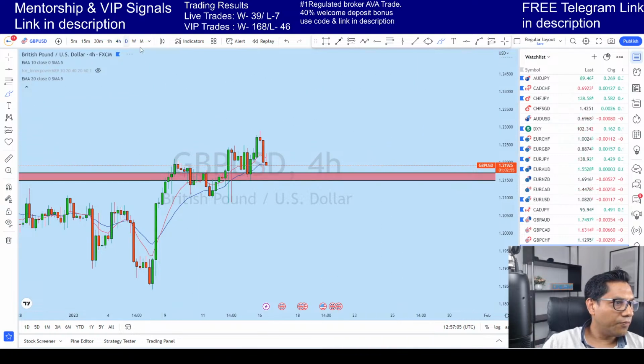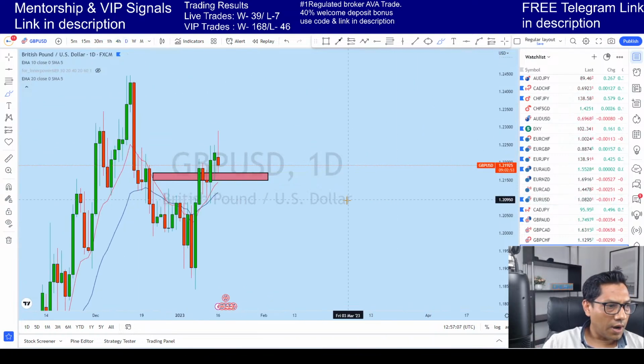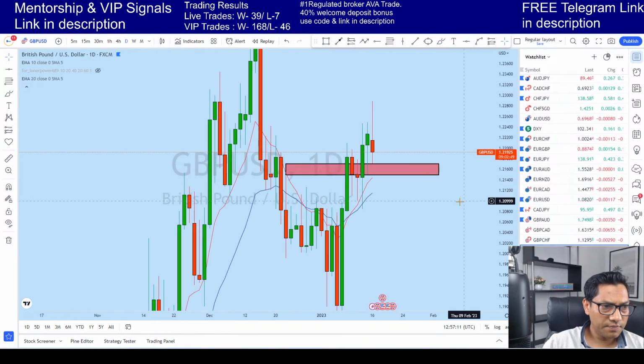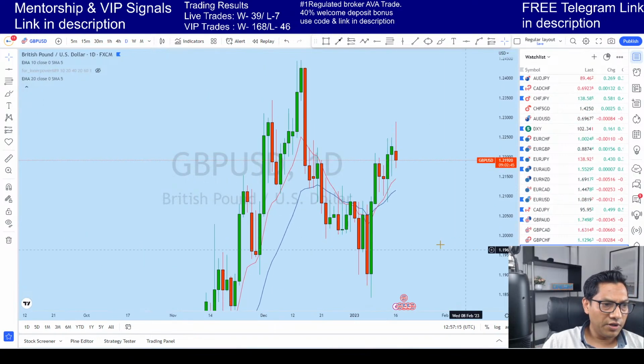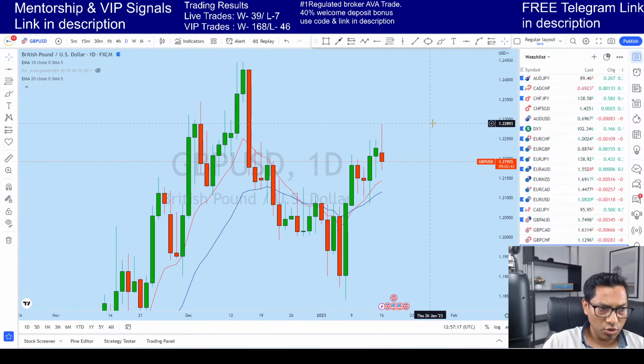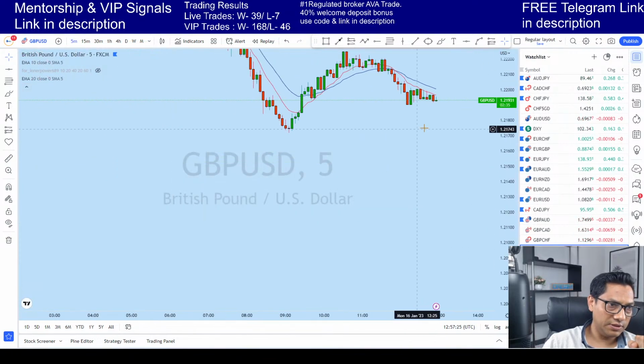So for me, I think British pound US dollar is still in a bullish trend. Very strong bullish movement. So I don't recommend selling unless you are selling with a strategy, let's say on the 5 minutes. That's a different story.